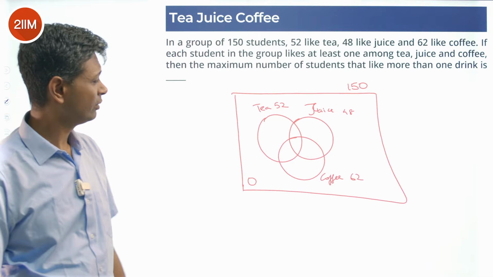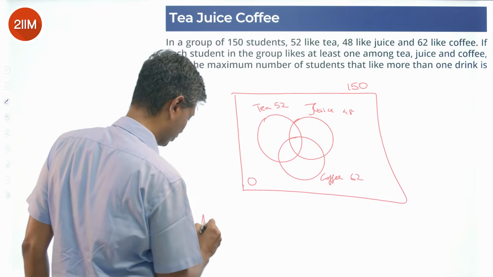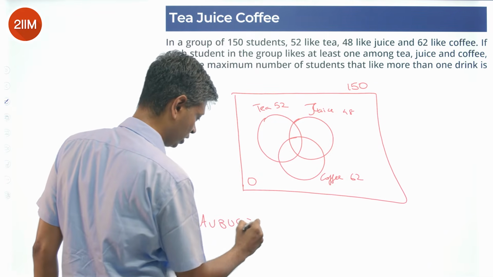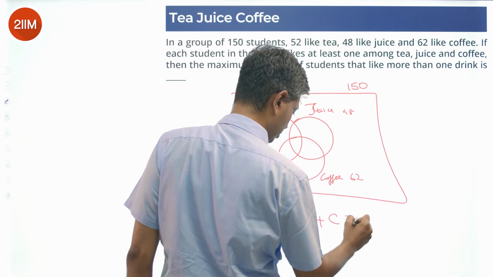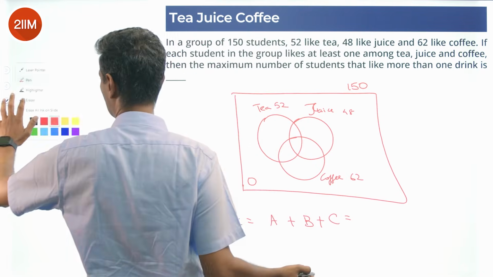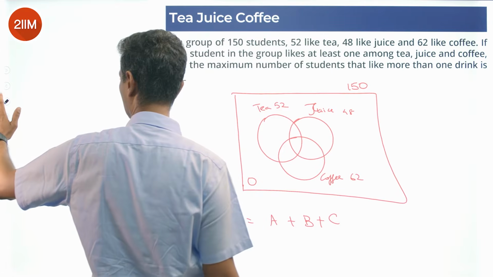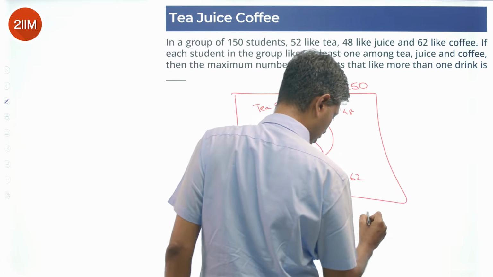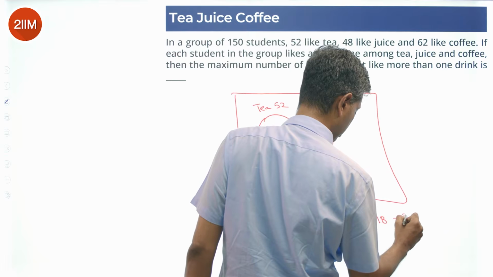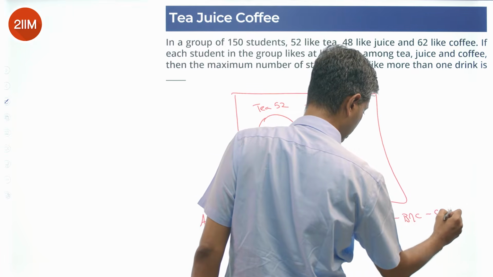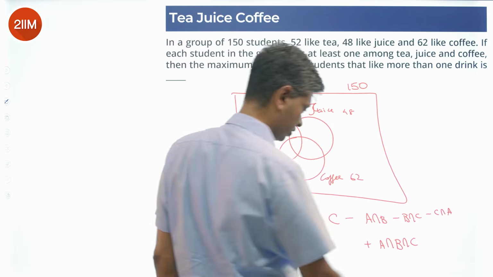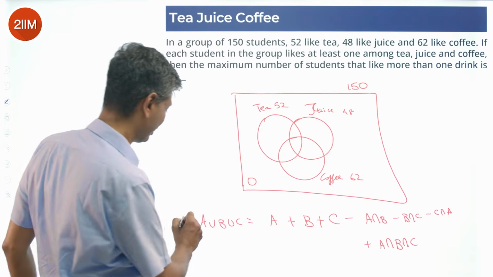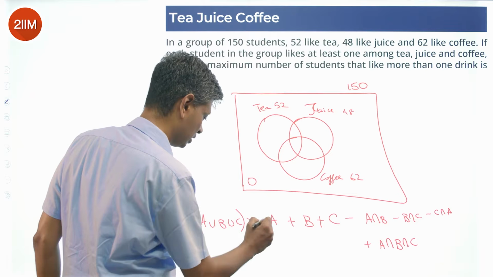Now this famous equation: the number of elements in A union B union C is the number of elements in A plus the number of elements in B plus the number of elements in C, minus the number of elements in A intersection B, B intersection C, C intersection A, plus the number of elements in A intersection B intersection C.